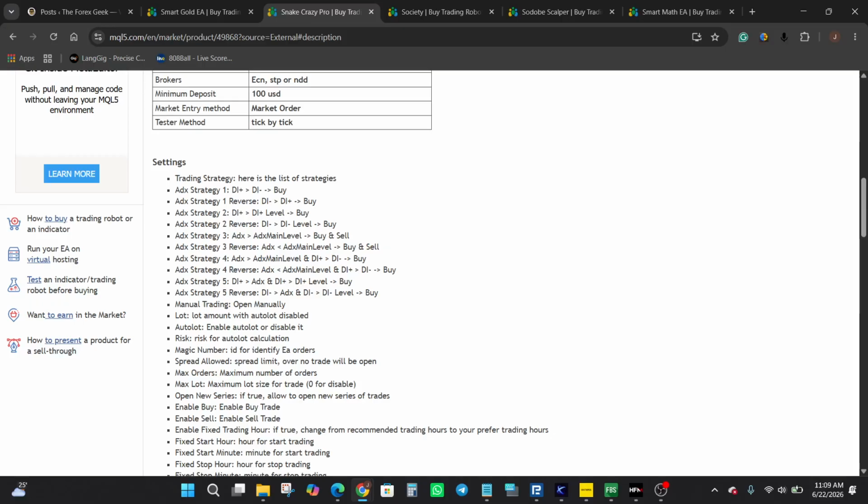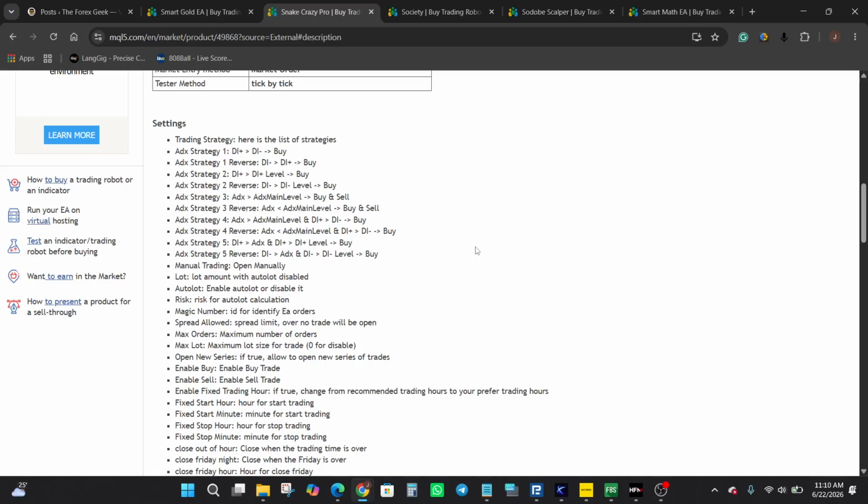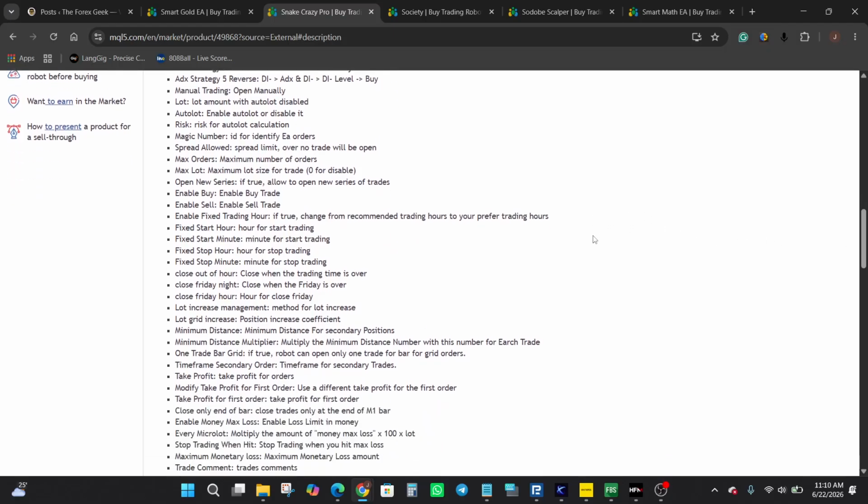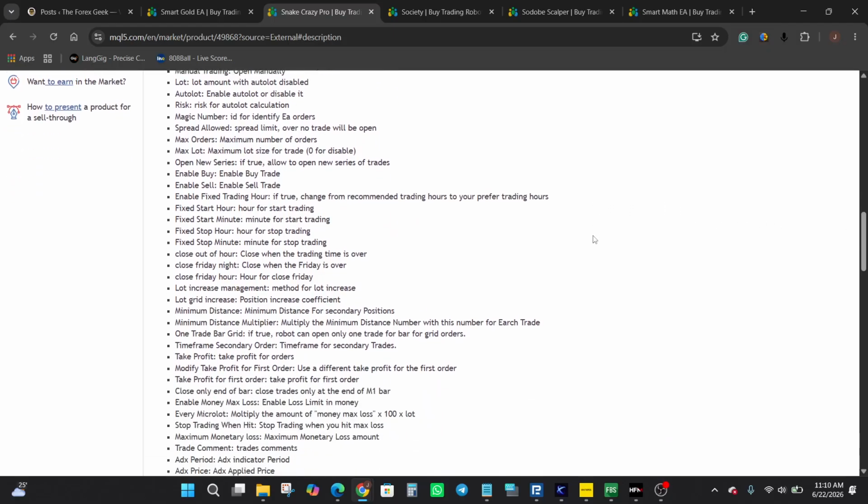The developer additionally provides options for limiting maximum lot sizes, controlling secondary trade spacing through minimum distance settings, and managing when new trade series can be opened. These settings can significantly influence how aggressively or conservatively the EA behaves. So proper optimization becomes especially important before using it on a live account.